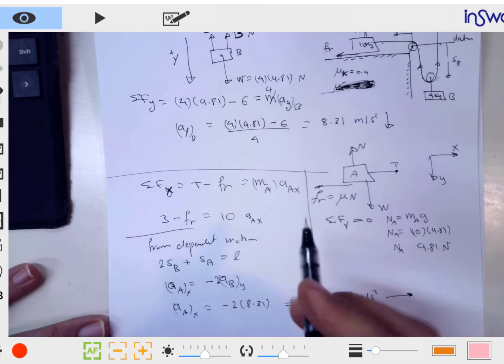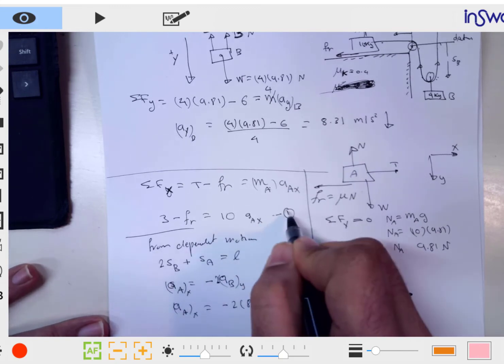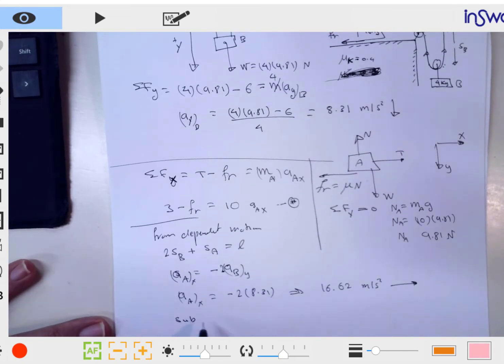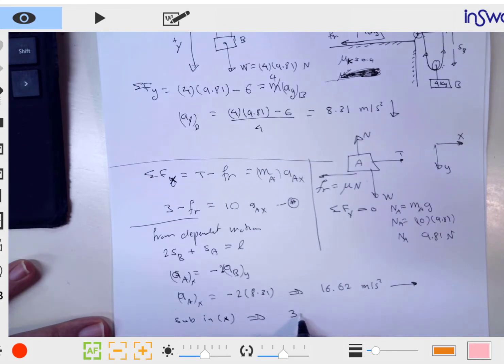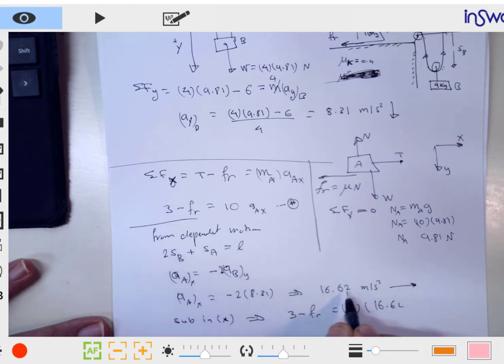Now going back to our equation, call it equation 1 or star, substitute in equation star. What do we get? We get 3 minus Fr equal to 10 times 16.62. I use positive because this is positive to the right.